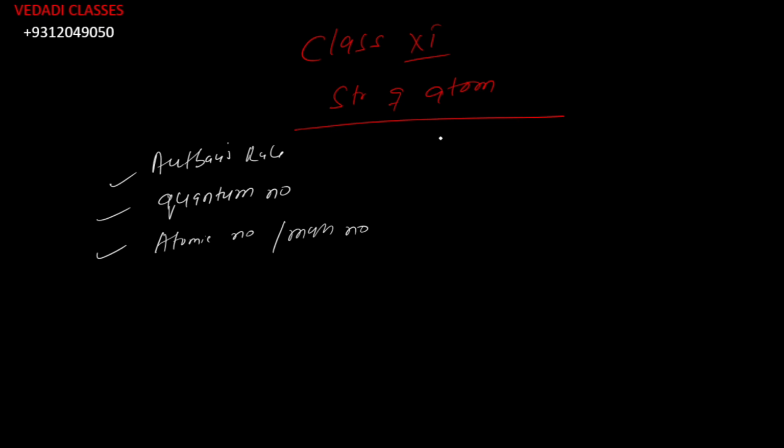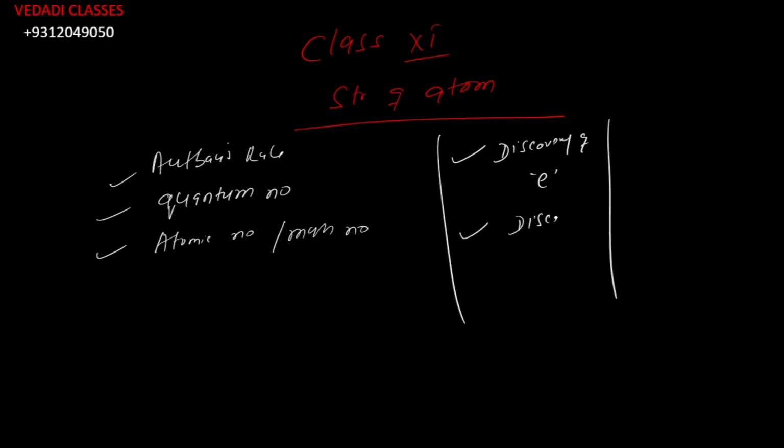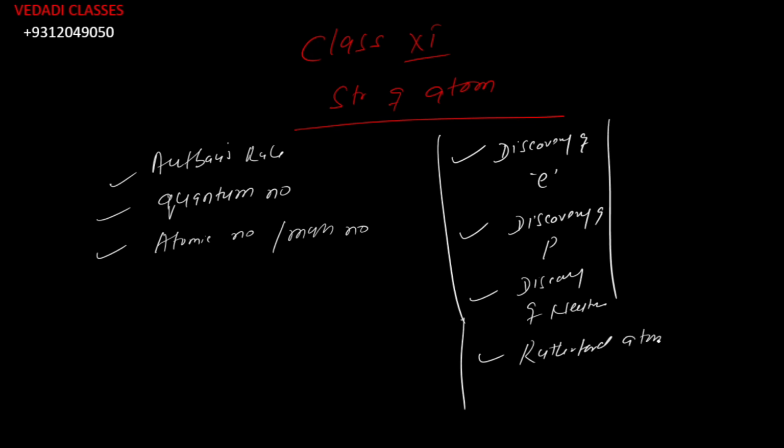So today the topic we will try to cover: discovery of electron, then discovery of proton, and the discovery of neutron, then Rutherford atomic model. Then after, there is one more, Thomson's model of atom. We will study here the Thomson's model of atom.